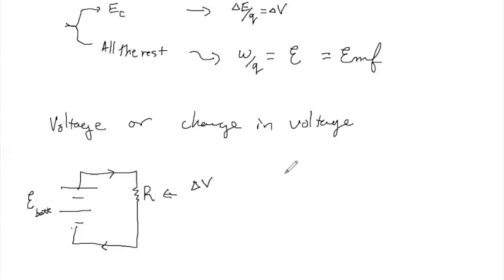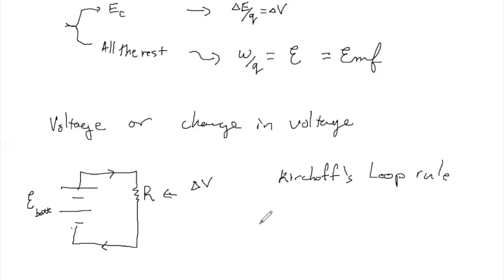Kirchhoff's loop rule is simply the assertion that if you add up all the changes in energy, and since the circuit is supposed to be in steady state, this is going to be zero.